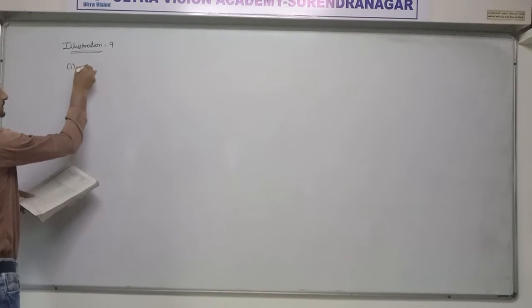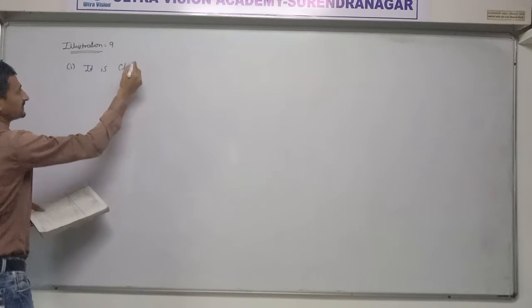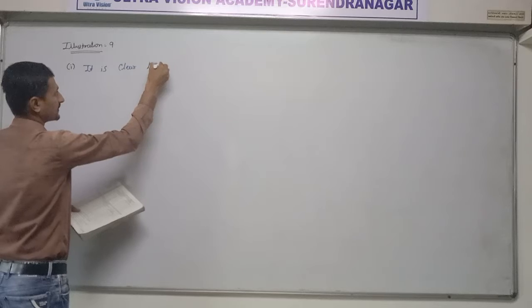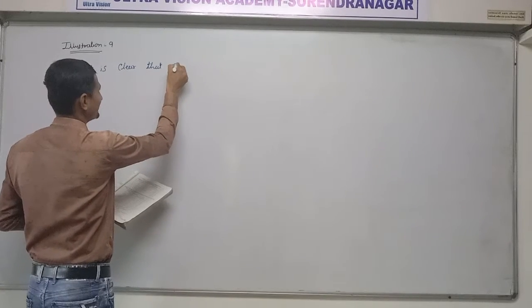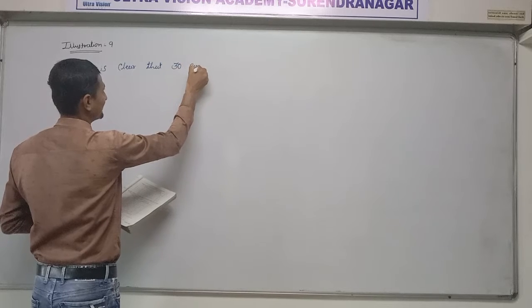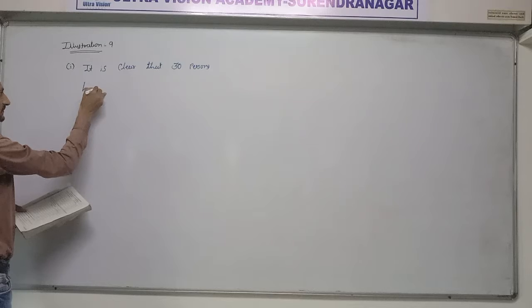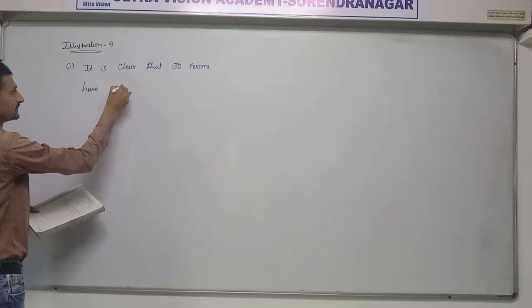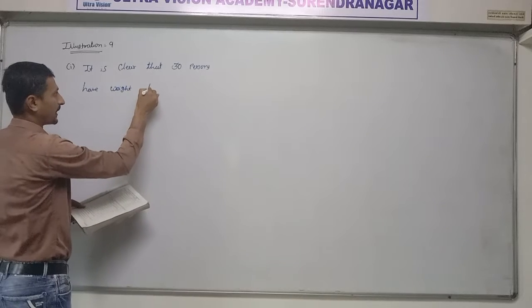So write down the first question. It is clear that 30 persons have weight less than 45 kg.